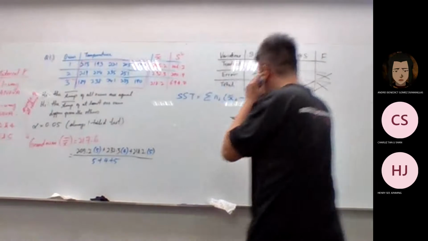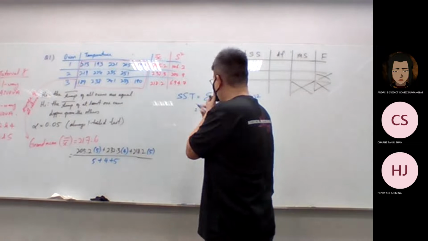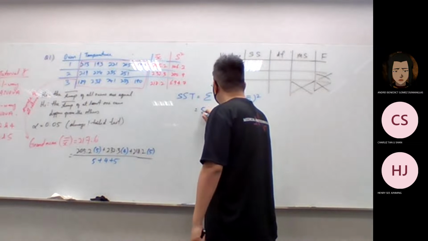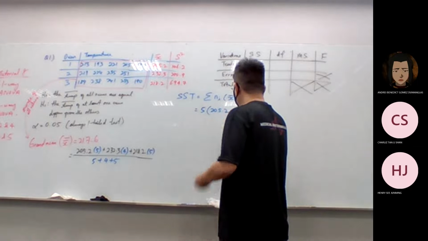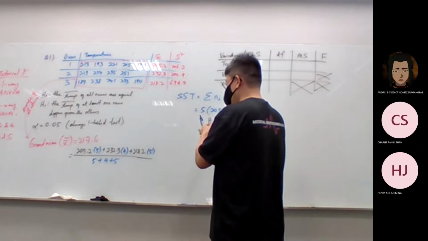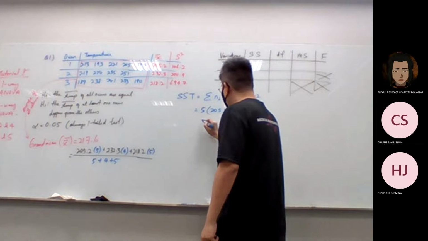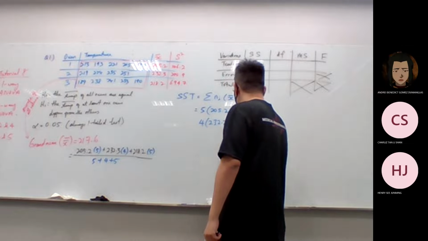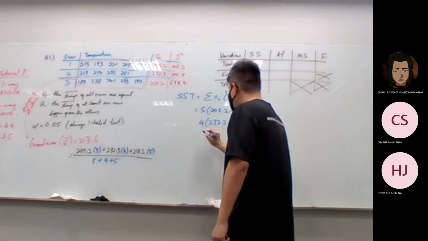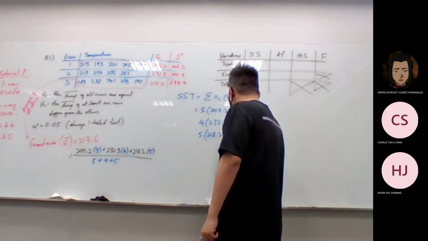Now, which means that expanded out, you have 5 times 205.2 minus, 232.2, 218.2.